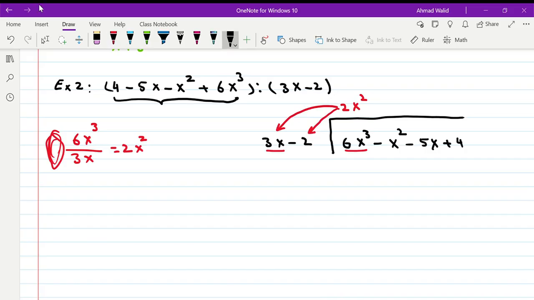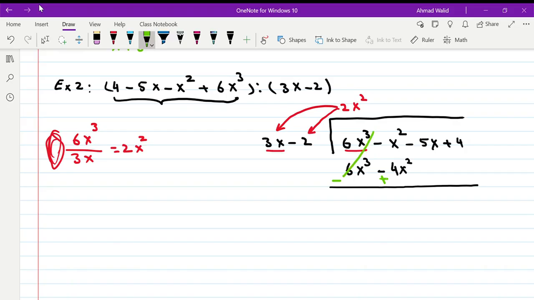2x squared times 3x gives you 6x cubed. Positive times negative gives you negative. 2x squared times 2 gives you 4x squared. Now it's time to subtract. Change the sign. Negative, positive, correct?